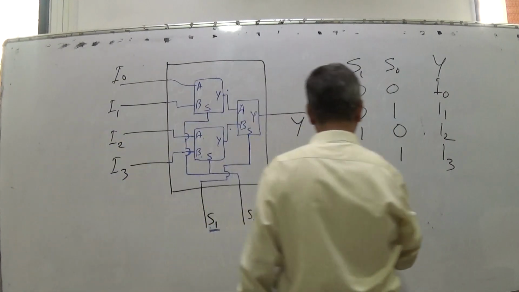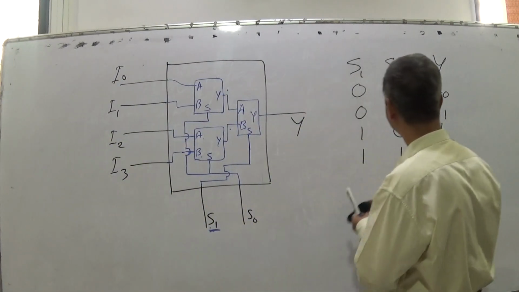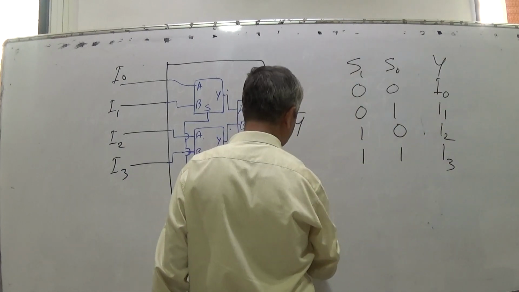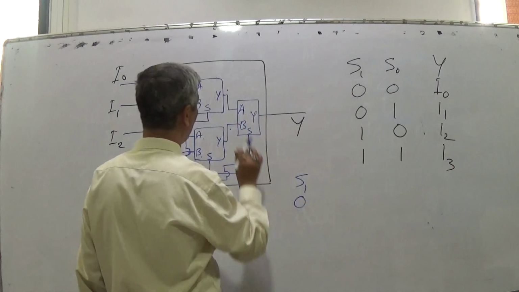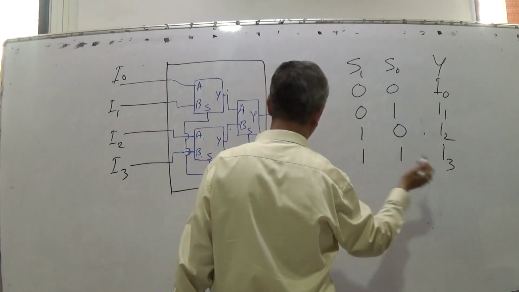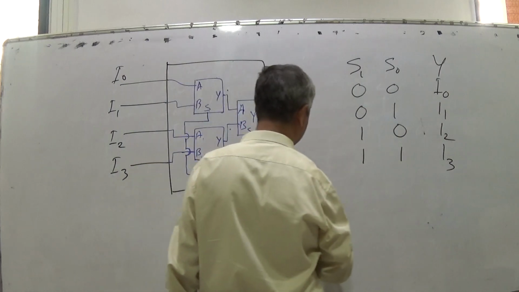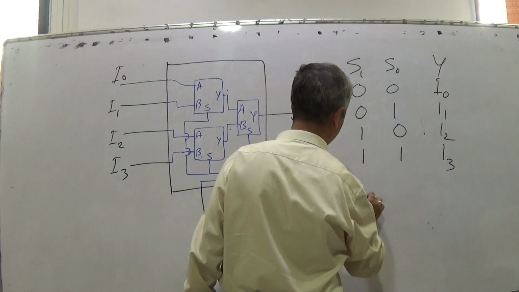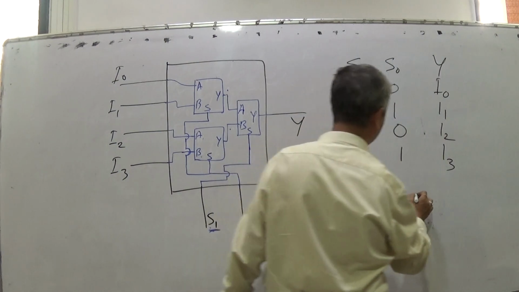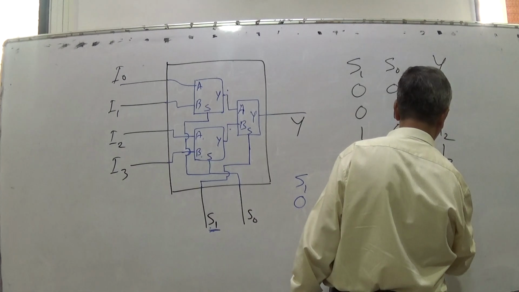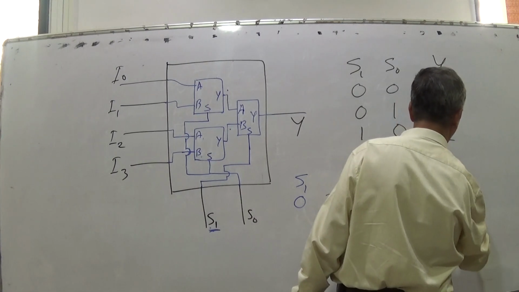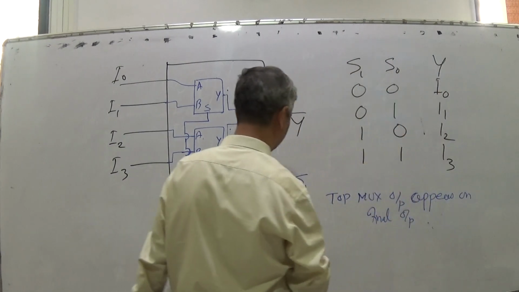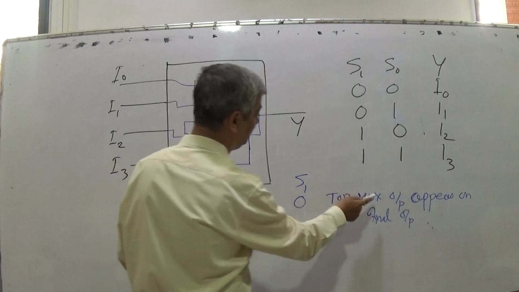So we can have all possible combinations. When S1 is 0, the top multiplexer output appears on the final output. And what is the top multiplexer output?